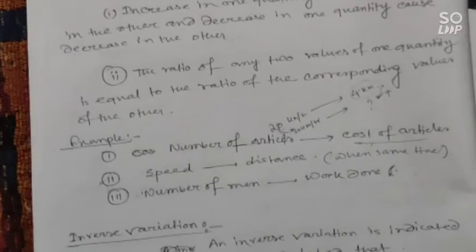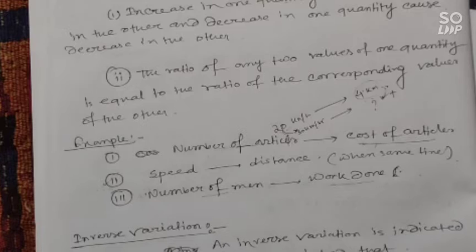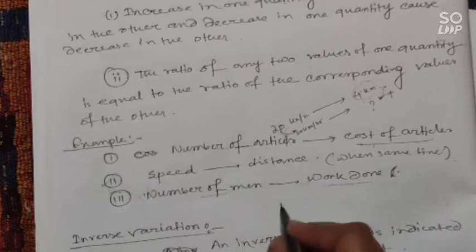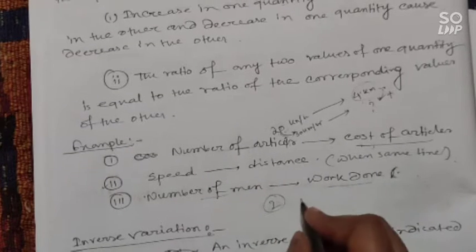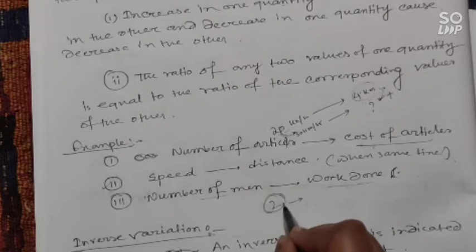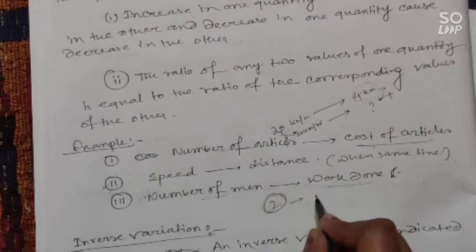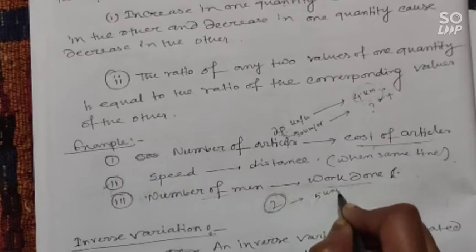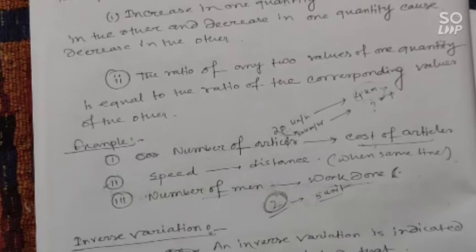Okay, then number of men and work done. We will understand this through some example. Number of men and work done. If you and your one friend, that means 2 people, can do 5 unit of work.